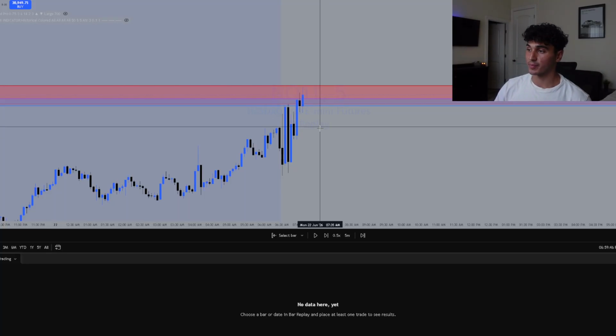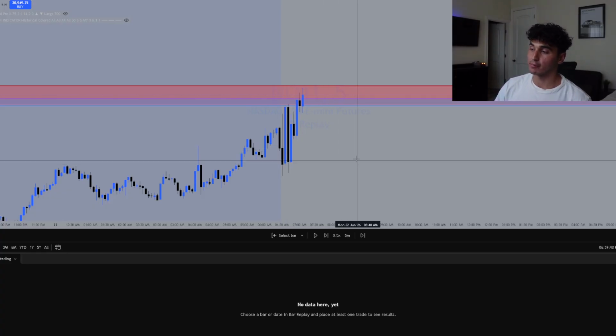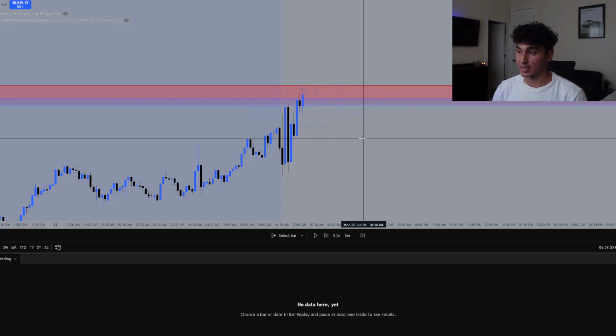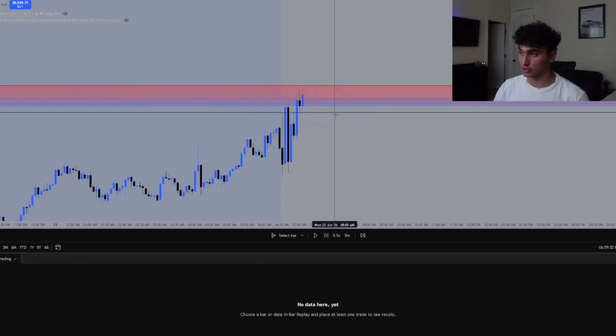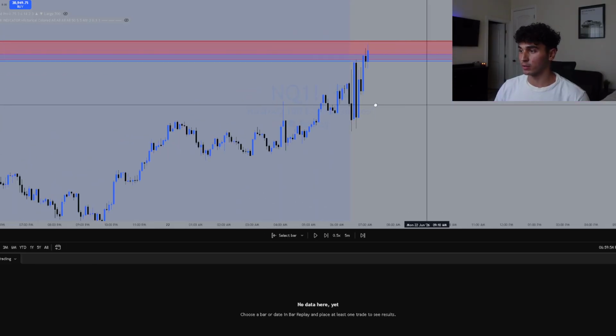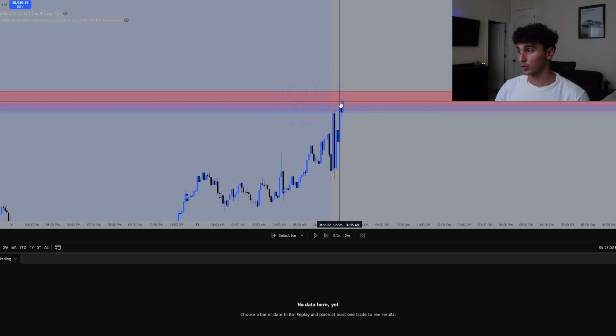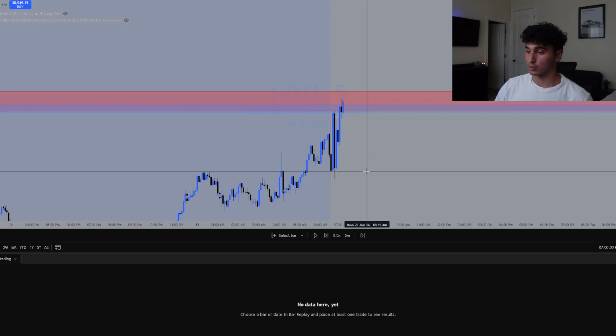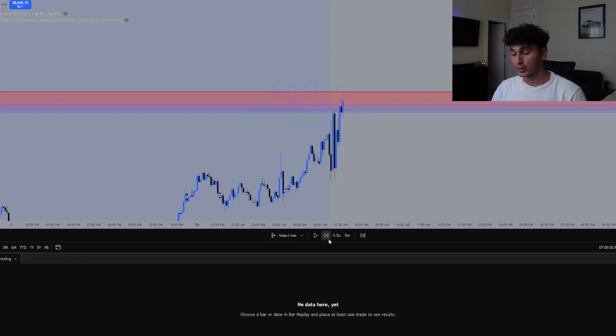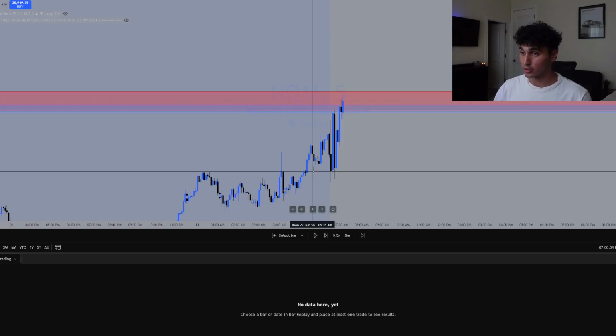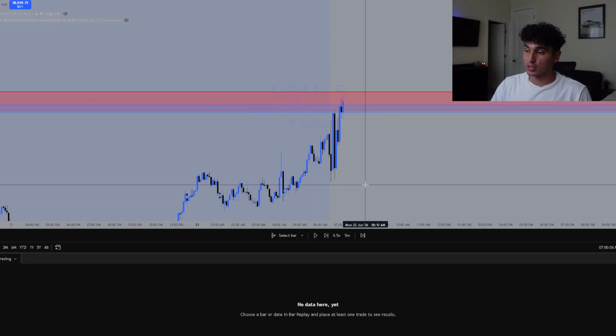When I say respecting our levels in our zone, I mainly just mean price is continuing to hold inside of our zone and not break above it. Because as you can see, price was super bullish leading into that zone. Where did that bullish momentum go now that we're in that zone? It started to slow down due to the fact that those sellers started to become more active, right?